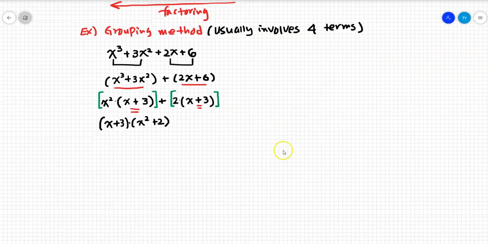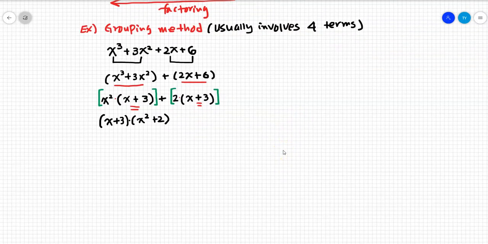So the grouping method is always going to involve 4 terms, at least in this class. And when you see something like this, you might want to consider, oh yeah, I have 4 terms. This might involve the grouping method. People usually ask me, how do you know which ones to combine?